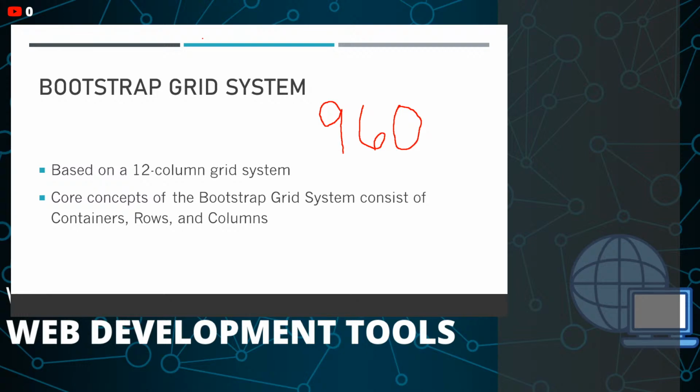We based it around the number 960. 960 divided by 12 is 80. So we thought about things in terms of 80 pixel columns on a 960 pixel wide grid.